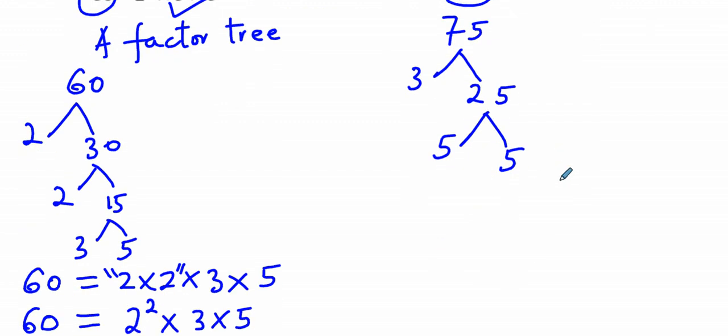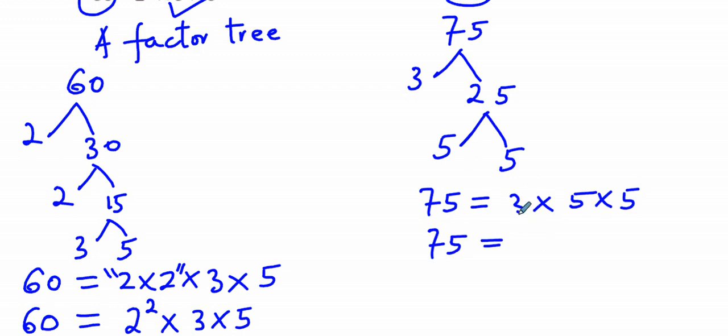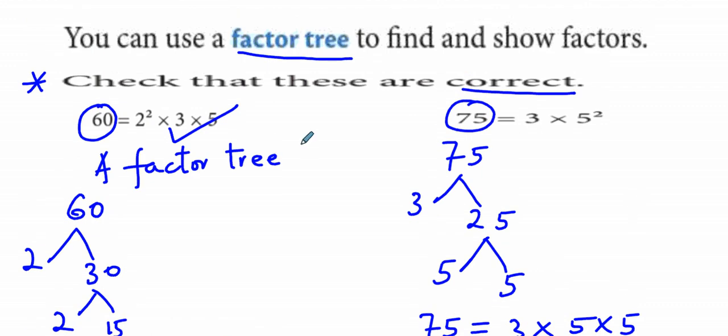So how do we conclude that? 75 equals 3 times 5 times 5. There is one 3, so it remains like that, but there are two 5's, so this will be 5 to the power of 2. The question was to check that these are correct, so this is correct.